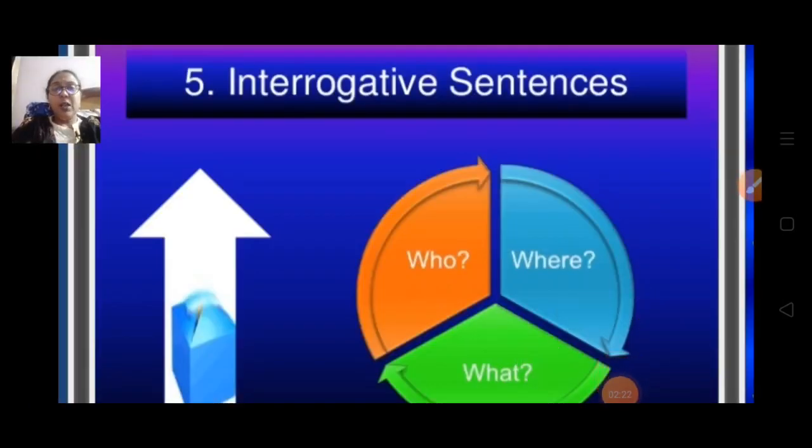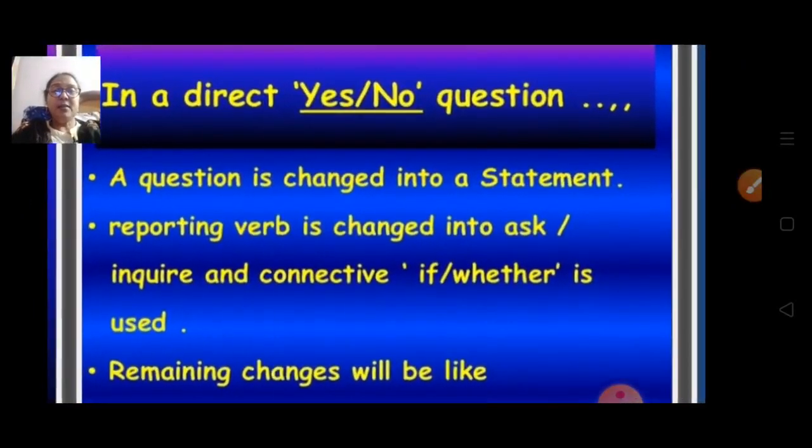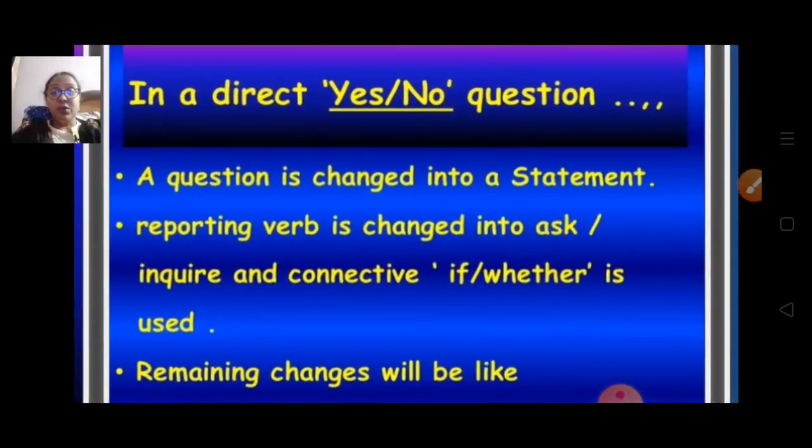So interrogative sentences, how are we going to change them? Here you can see in this picture: who, where, what. These are the question words that can make a sentence a question sentence or interrogative sentence. In direct speech, yes or no questions are there.